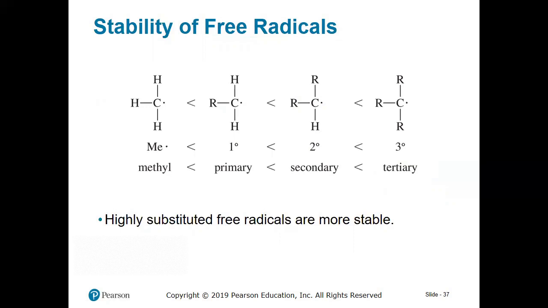So every single time you are dealing with a halogenation of alkanes, always think of the stability of the radical. That stability will determine which carbon is going to be the one that picks up the halogen. So the methyl radical will be the least stable, next would be the primary, then secondary, and the tertiary would be the most stable among those.